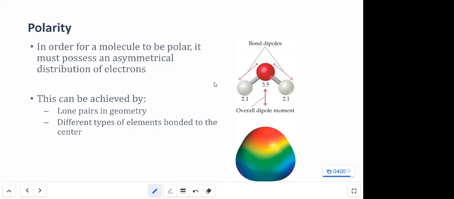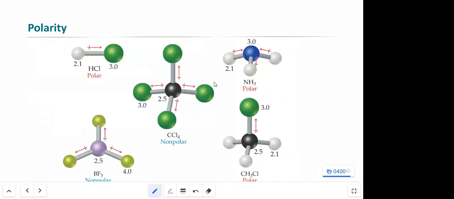It can also show up in places where we have different atoms that are bonded to the center atom that can pull the electrons away differently. All right, so let's take a look at a few examples.